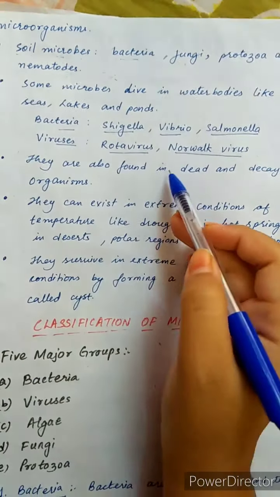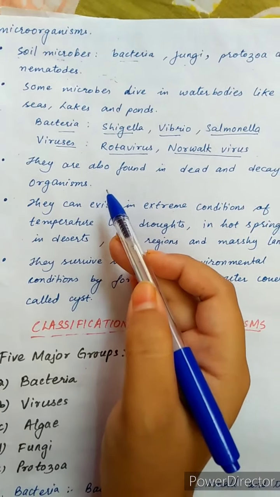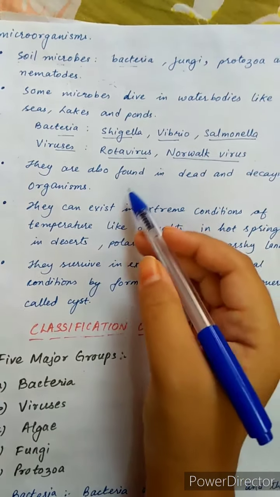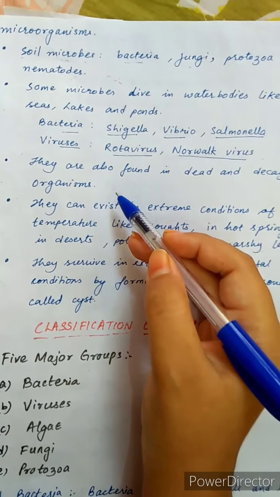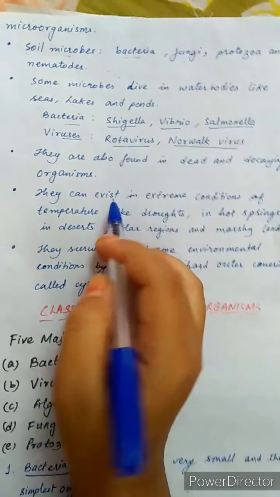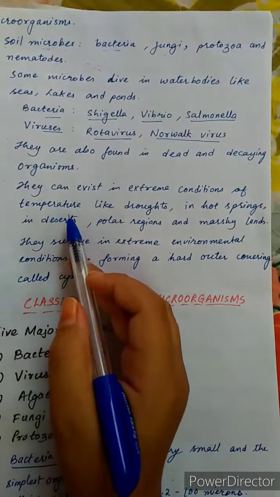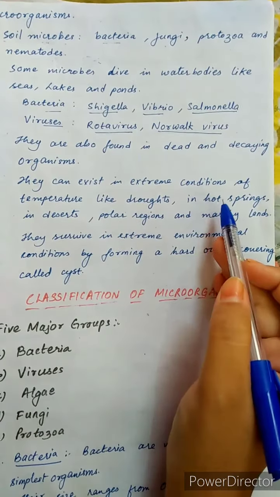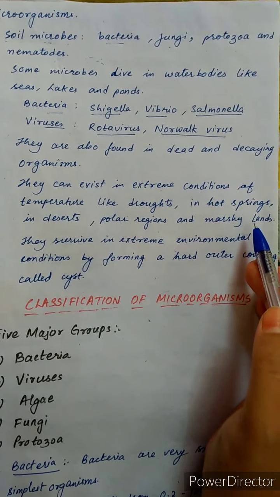Now, they are also found in dead and decaying organisms, after the bodies of the organisms have decayed in the soil. They can exist in extreme conditions of temperature like droughts, in hot springs, in deserts, polar regions and marshy lands.